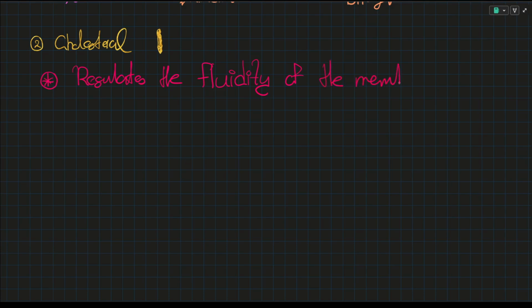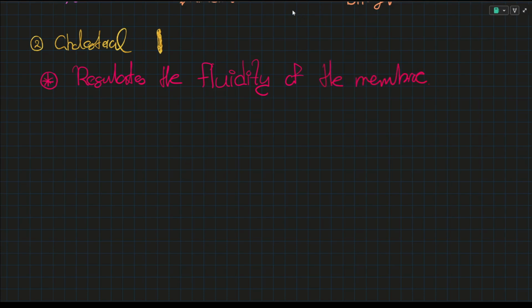What am I talking about? The fluidity of the membrane. So bullet point 1, I will say cholesterol's main purpose is to regulate the fluidity of the membrane.